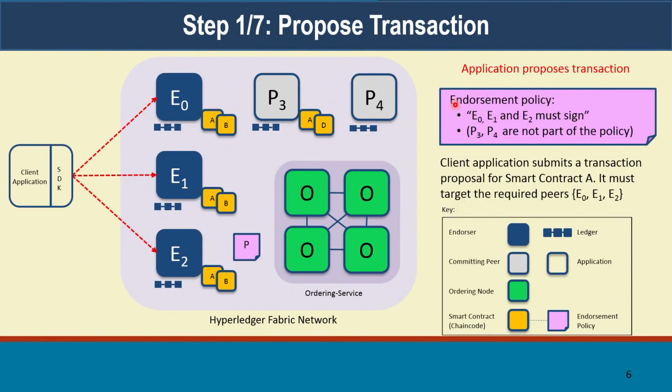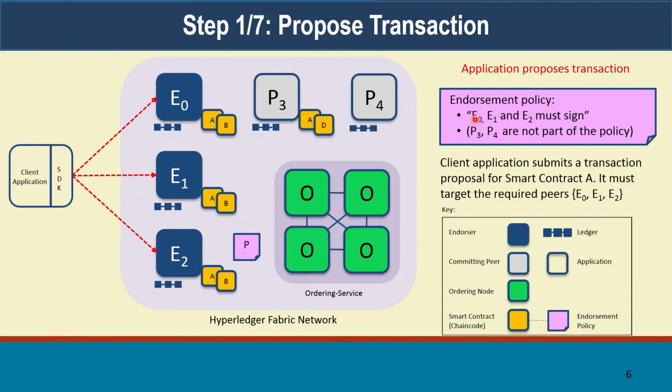Now, how many of these peers should I send to? The client application needs to determine that, and that is determined by an endorsement policy. The endorsement policy is something that you can define for each smart contract in your network. For instance, one policy might say I want E0, E1, and E2 to sign for sure.